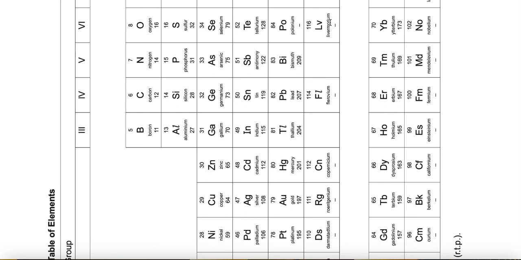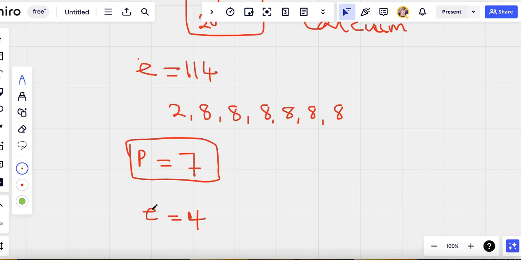This one is in group 6. So flerovium is in group 4 because it's here under 4. So we don't have to calculate; since it's in group 4, the outer shell electrons are 4.